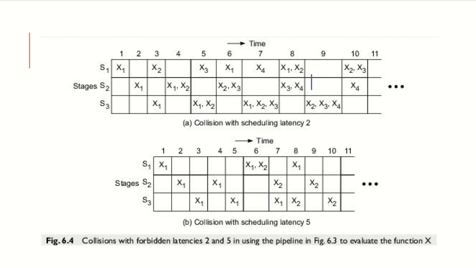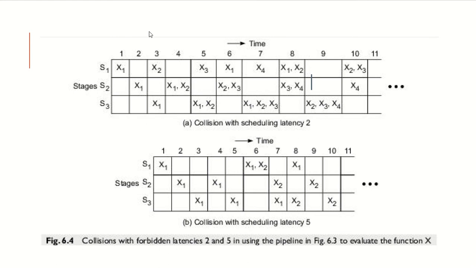This is a sample of a collision. This is a reservation table, or rather an initiation table. Here x1 starts with stage s1 at cycle number 1. Later, in cycle number 3, x2 has started with the same stage. This stage was under use by x1 and at a later stage x2 has also requested execution.